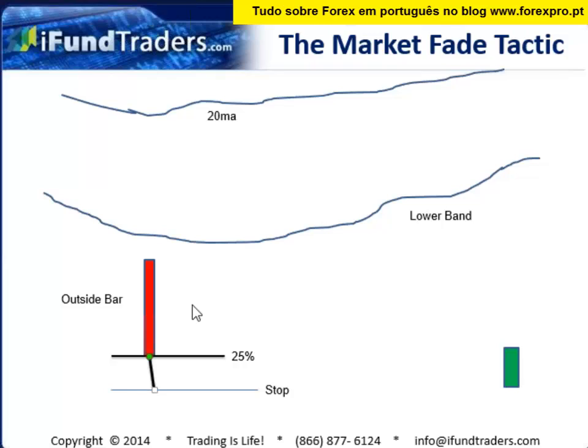In both cases, this is our buy, whether it's achieved on the next bar or the same bar, and the stop is always the same. It's under the outside bar. And the same occurs in reverse.